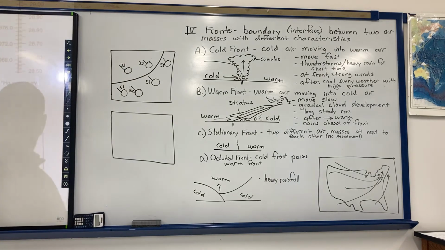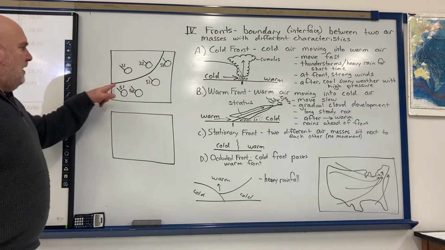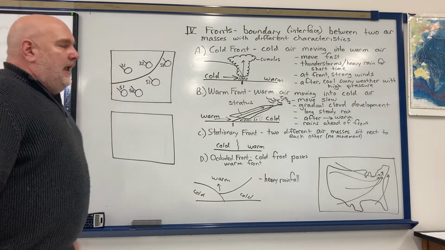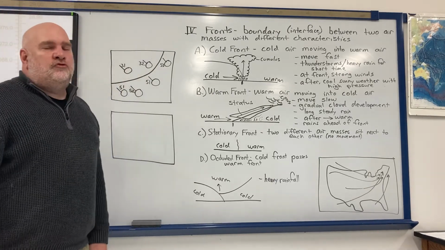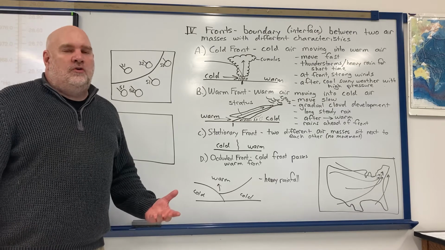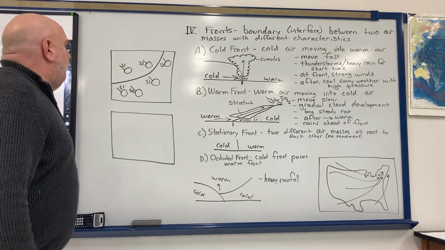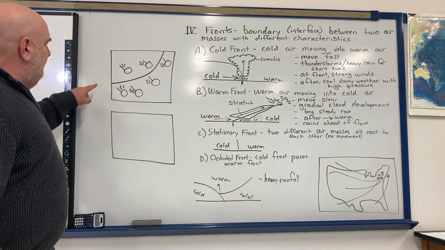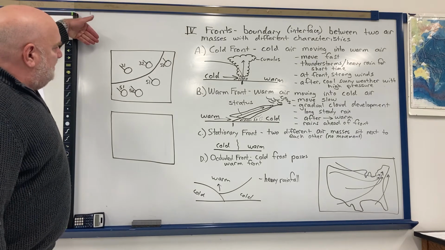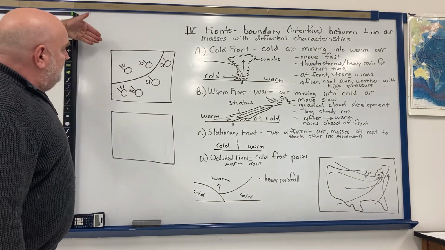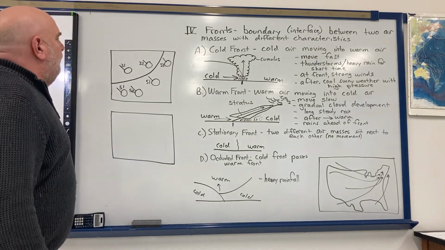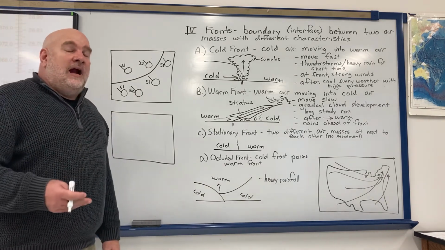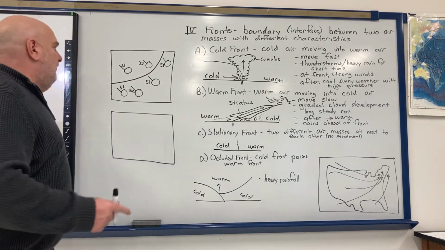Now back here, we said the symbol for a cold front is little triangles. So I have to put the little triangles on that line. And how I know what side of the line to put the triangles on is based on what direction the front's moving. So if the air's coming from this way going that way, that means the front's going that way. So the little triangles are going to be like little arrows pointing the direction the front is going.